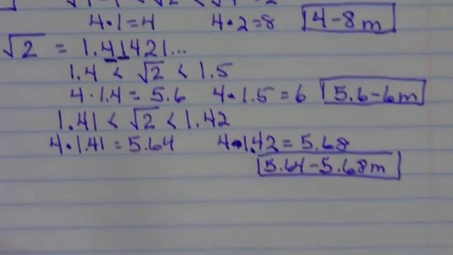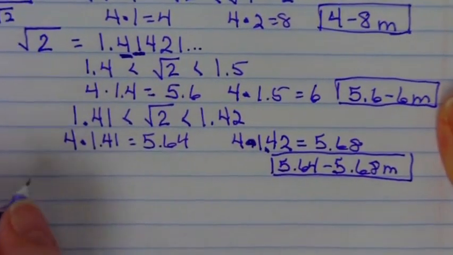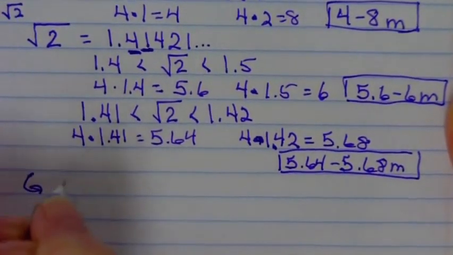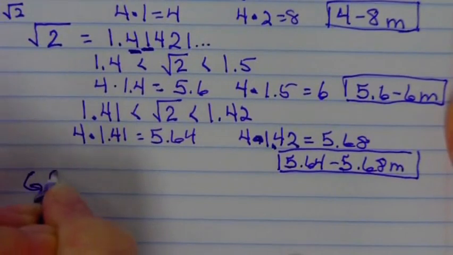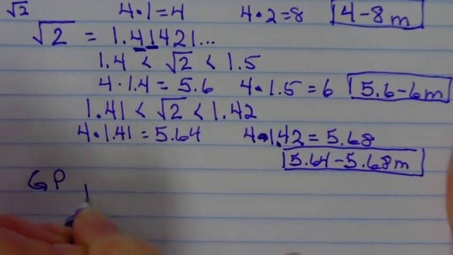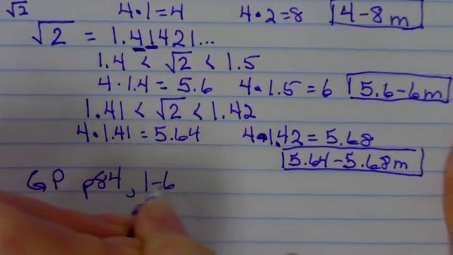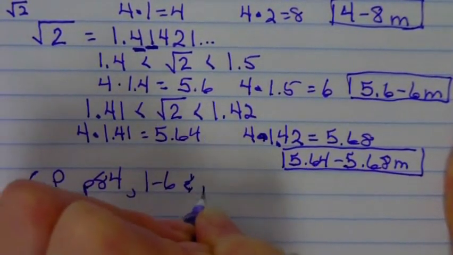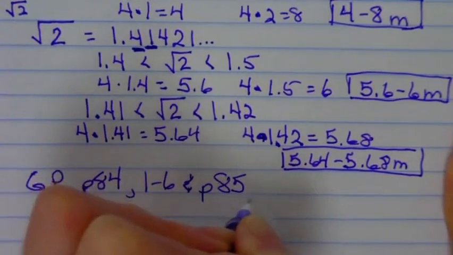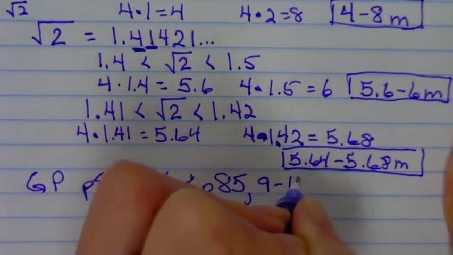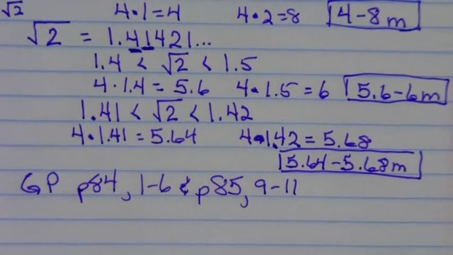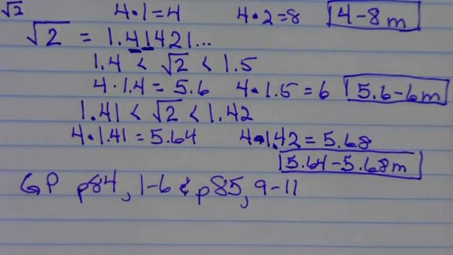All right, your group work today. Your group work is going to be page 84, 1 to 6, and page 85, 9 to 11. I want you to work through those group problems or word problems on page 85 together.